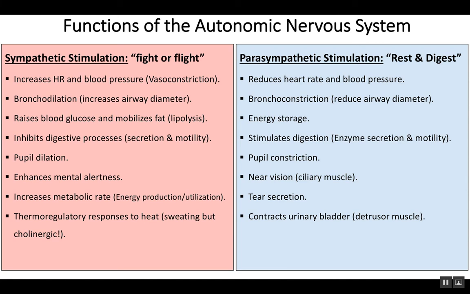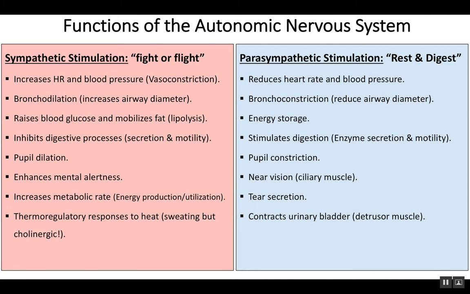Finally, you also have a response due to the heat production during sympathetic activity. You're going to get a lot of heat produced when your metabolism goes up. So the body has to counter that by thermoregulatory responses, such as sweating. We'll come back to this, but sweating is actually known as cholinergic. Cholinergic means it's stimulated by acetylcholine. These other sympathetic responses are all adrenergic, meaning they're stimulated by norepinephrine.